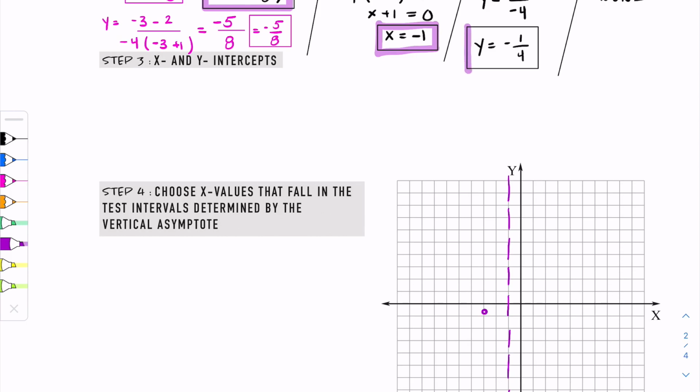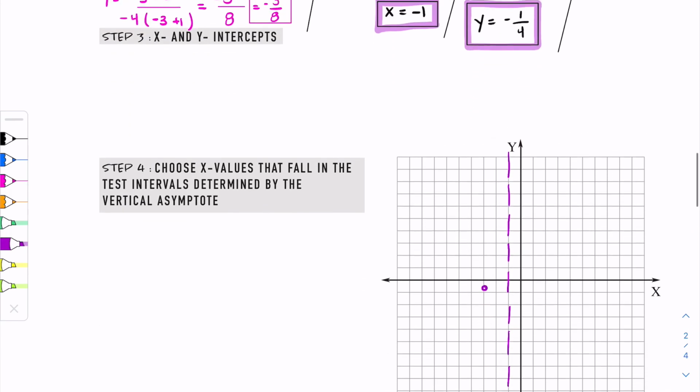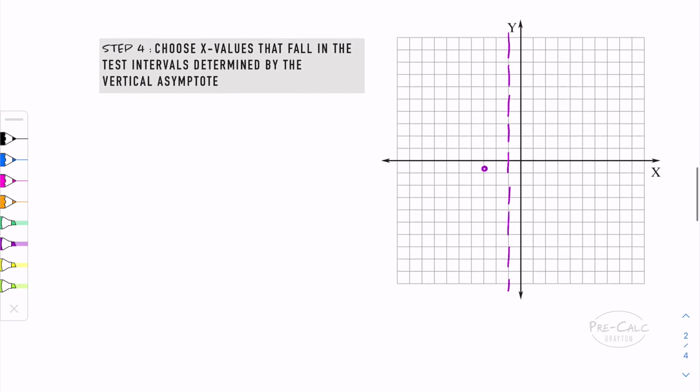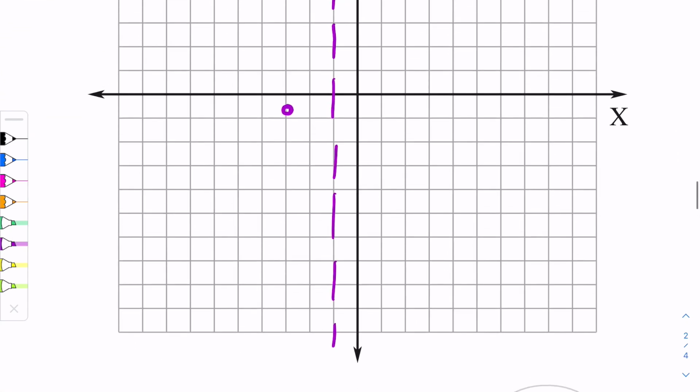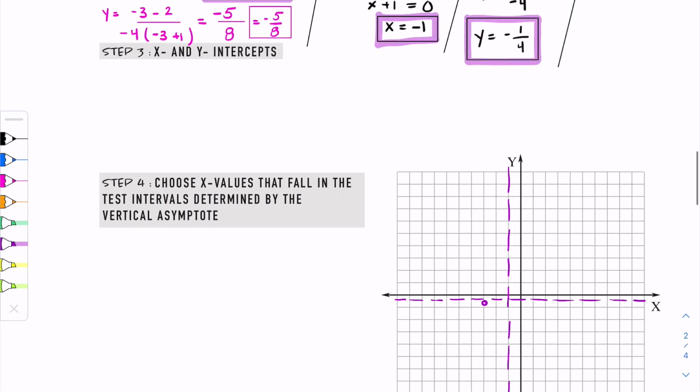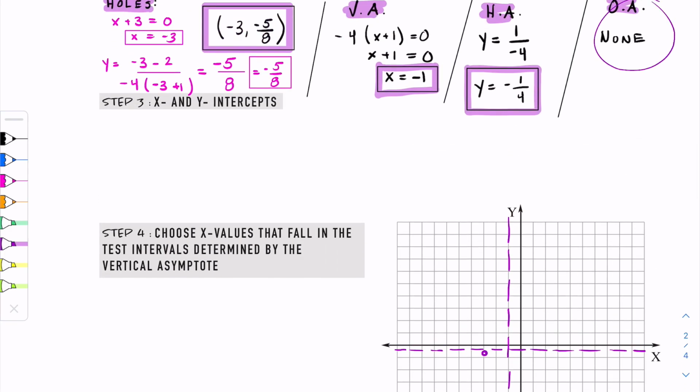The horizontal asymptote is located at y equals -1/4. So I'm going to sketch a horizontal line at -1/4. And next, I'm not going to graph anything for the oblique asymptote. Obviously, we do not have anything.